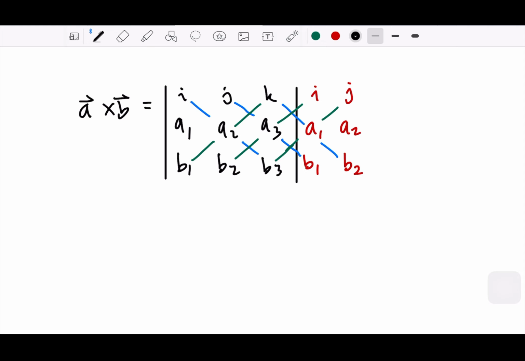For the blue multiplications, we will add all of them. For the green multiplications, we will add all of them, and then we need to multiply all with negative. Okay.